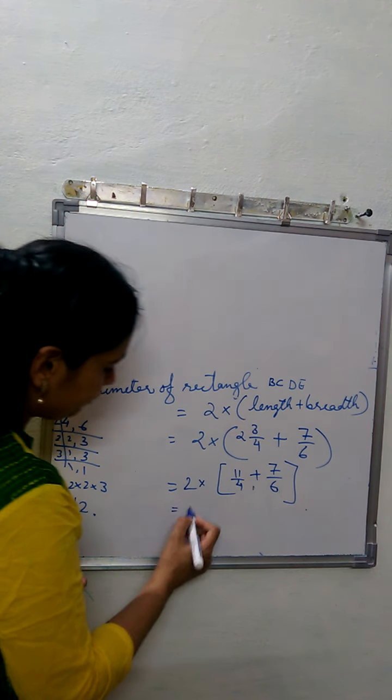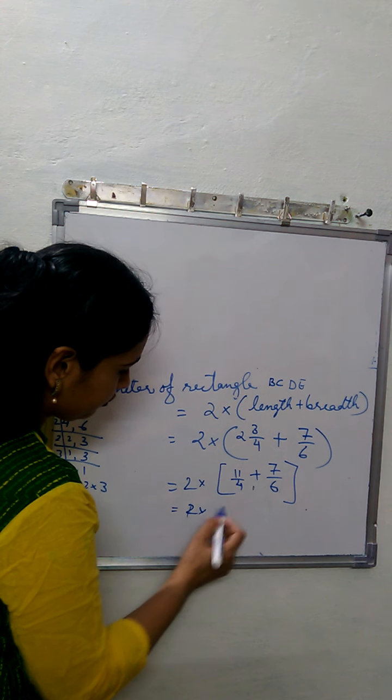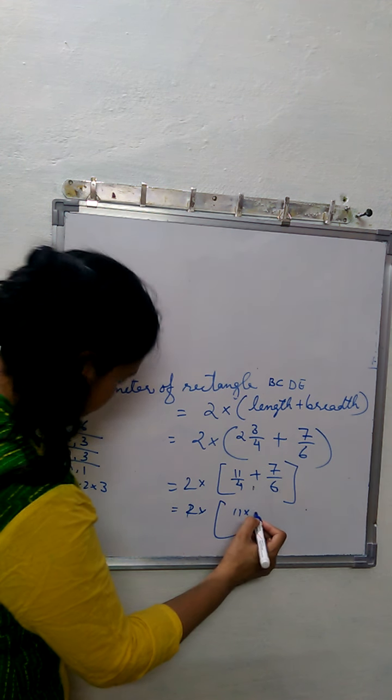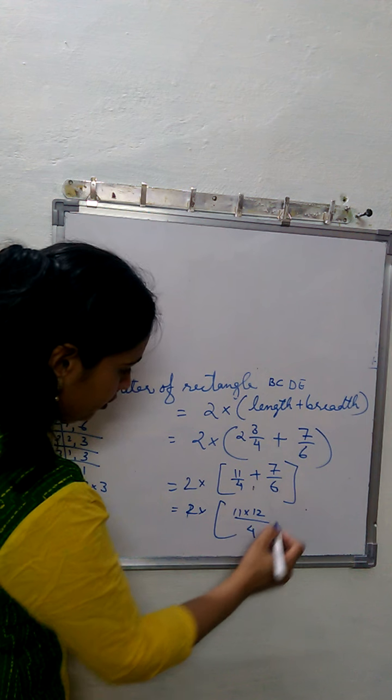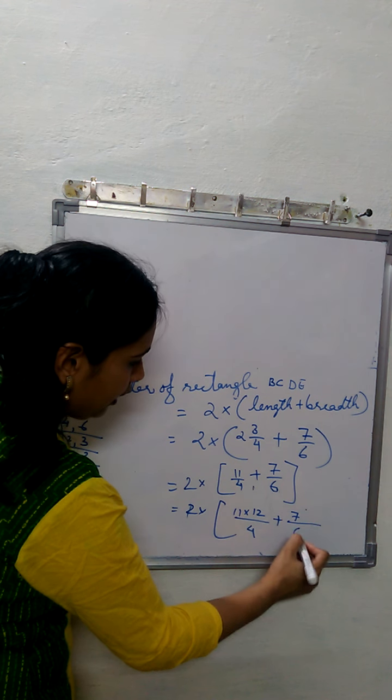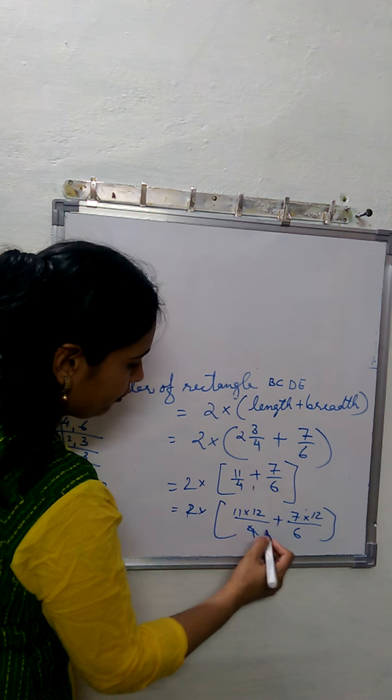So here we multiply by 12. Again we multiply by 12.